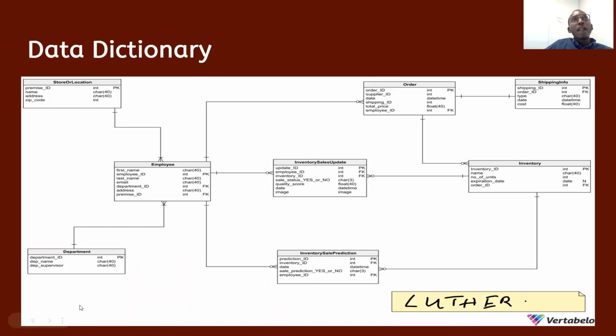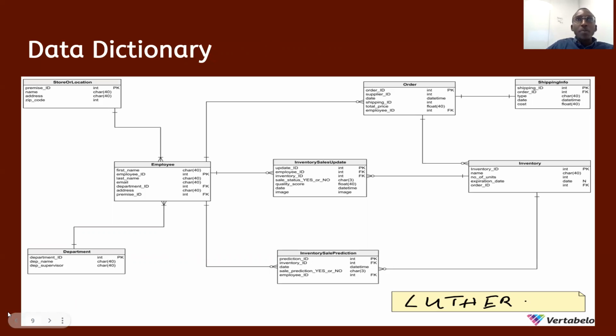Data dictionary. So the data dictionary defines the way data is structured for the machine learning project. So here the entities, attributes, corresponding attributes, and kinds of data stored in each attribute and relationships between entities are clearly defined and communicated.